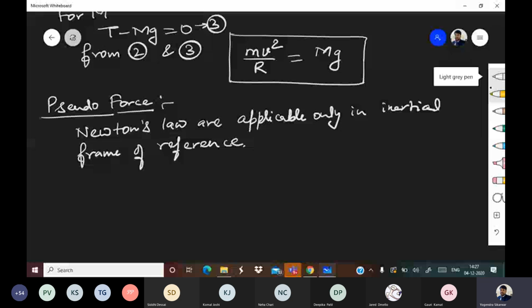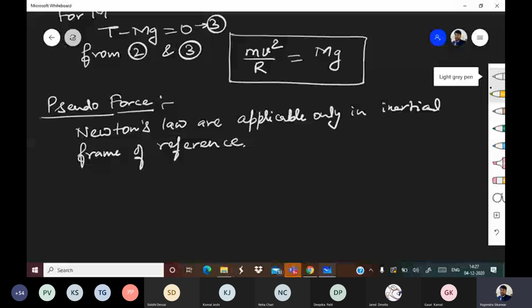One is inertial frame of reference, and the other one will be obviously non-inertial frame of reference.